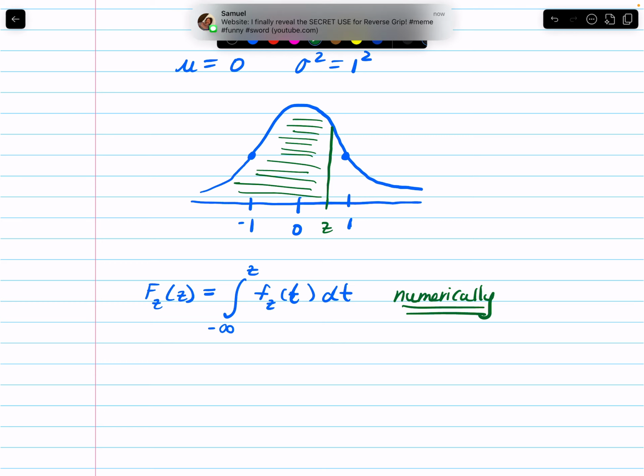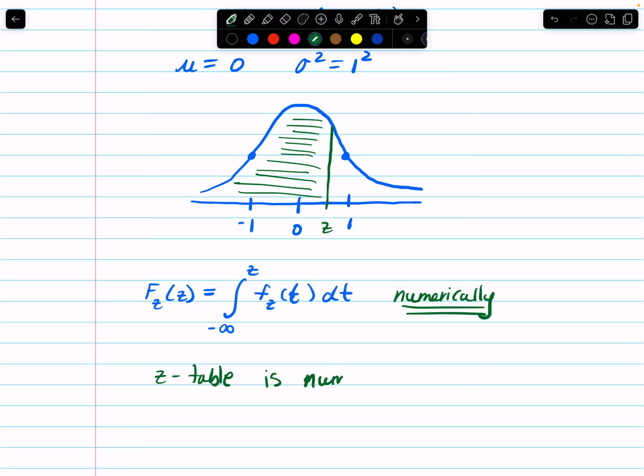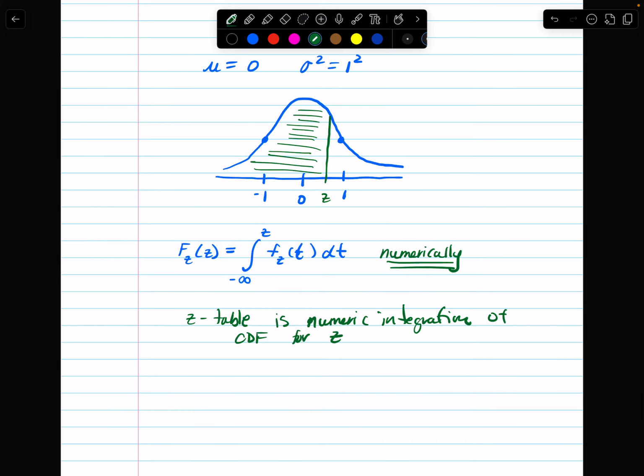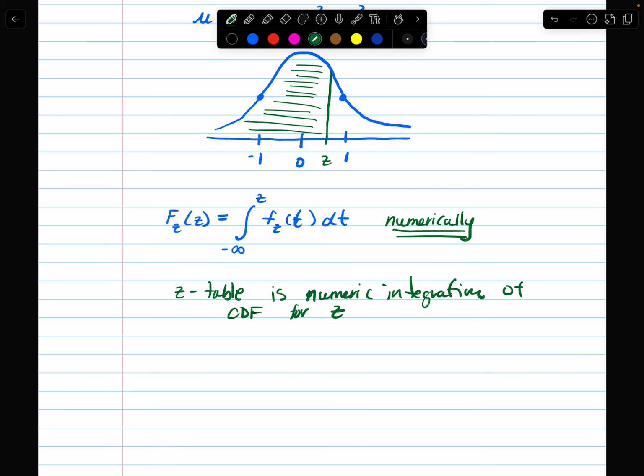If you're familiar with it, the z-table is numeric integration of the CDF for Z, which is very useful. If we want to find the probability that Z is less than or equal to, let's say, 2, you would go into the z-table and pull out that probability.